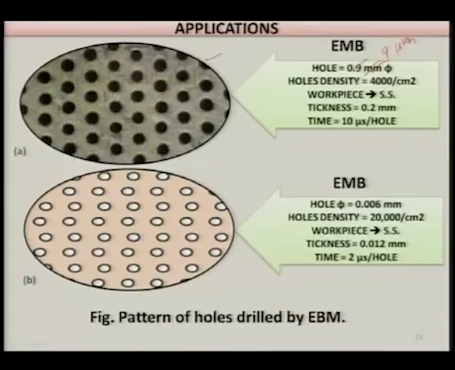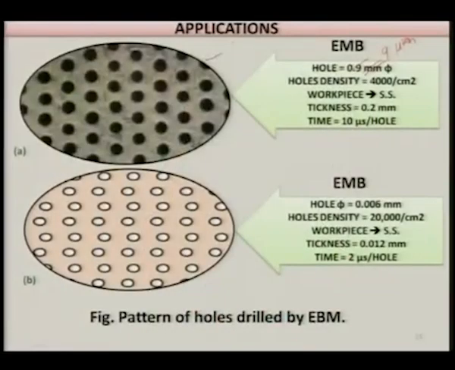Now people are not satisfied with this quality and this size of the hole, especially the textile and food industry. They say no, we want still smaller holes, and here you can see in the next slide at the bottom the size of the hole is just 6 microns, and the density of the holes is 200,000, this is again some mistake, 200,000 holes per centimeter square.